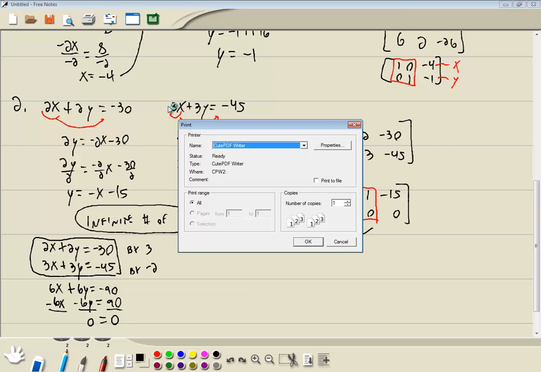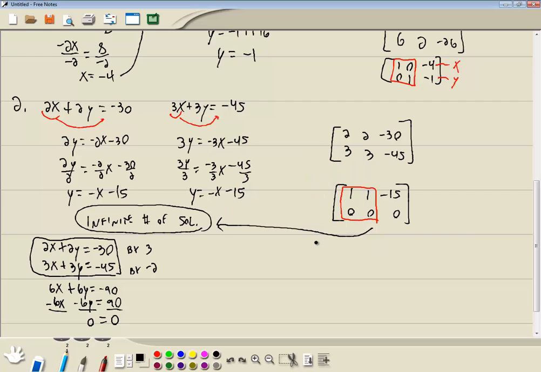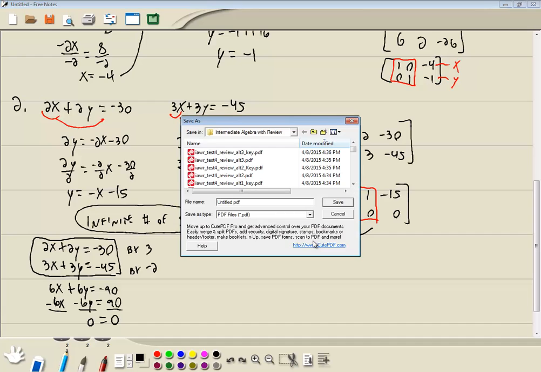Let me save this. And trying to find pages here. There it goes. Okay, so this is a form. This is test 4.